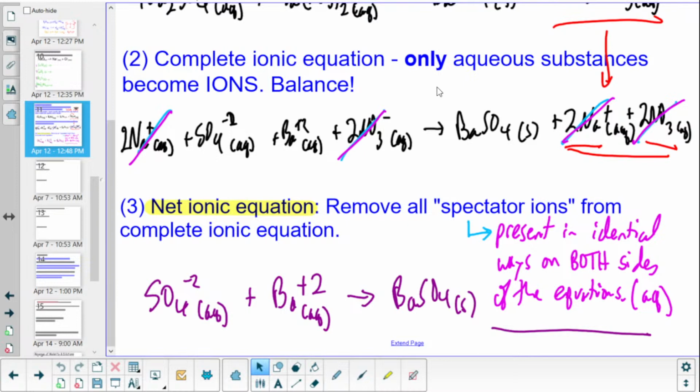Ca is positive 2, SO4 is negative 2, so that is perfect. K is positive 1 and NO3 is negative 1. But we need to replace it, and now we have 2.